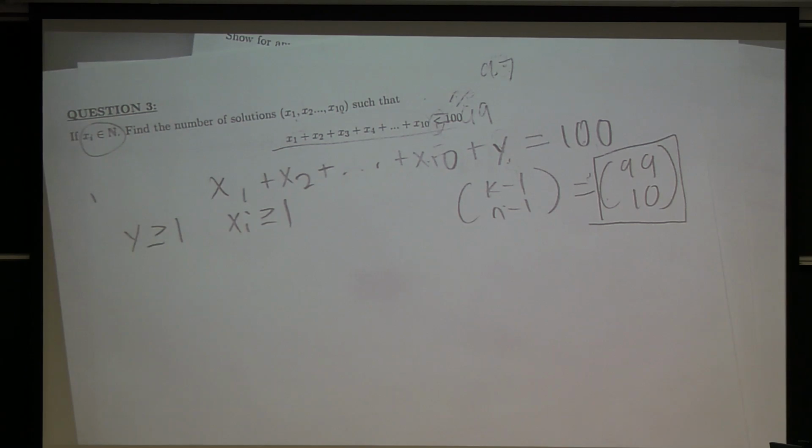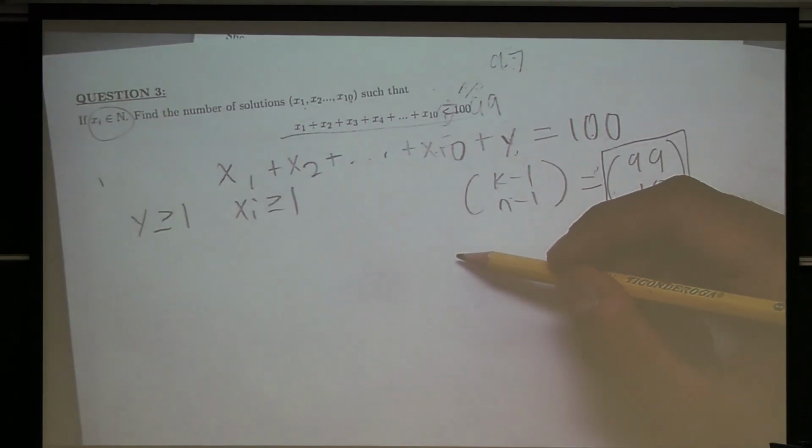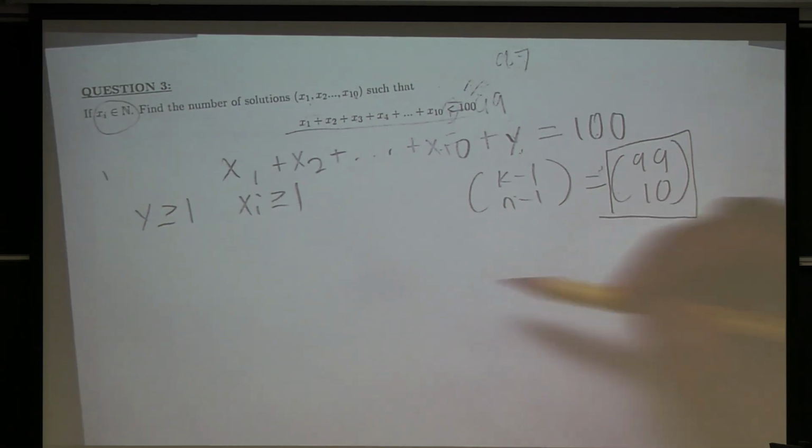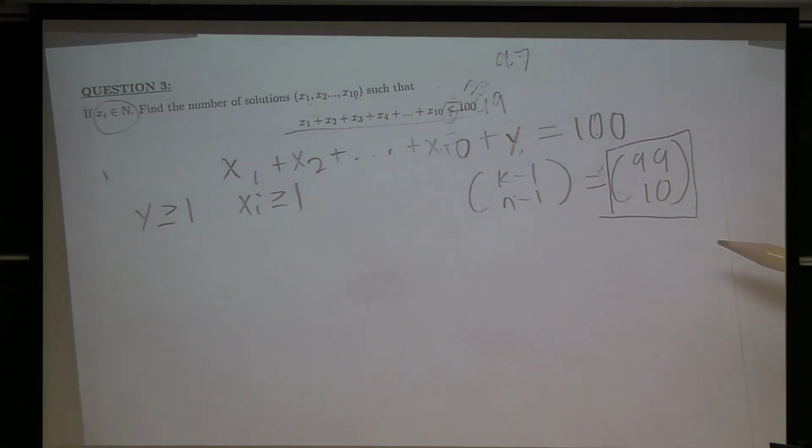So I'll have a total of 109 numbers, and then just choose its 10 bars so that I can directly control all of these sums to be less than or equal to 99. Because the 10th bar can only represent the interval of 98 and 99. So there are 99 intervals with 10 bars.